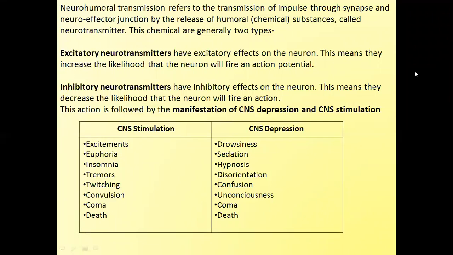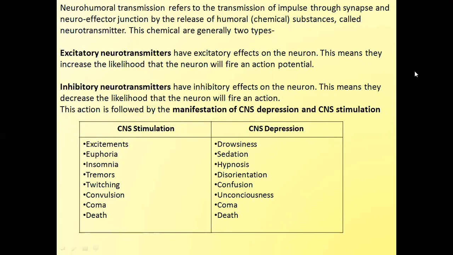This means they increase the likelihood that the neuron will fire an action potential. And the inhibitory neurotransmitter has an inhibitory action on the neuron. That means they decrease the likelihood that the neuron will fire an action potential, so excitation is inhibited.